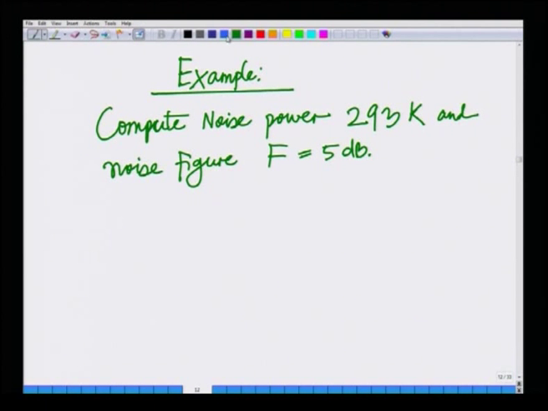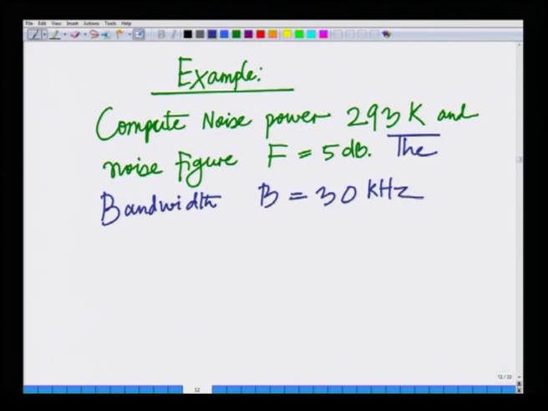Also the bandwidth B is equal to 30 kilohertz. What we are asked to do is compute the total noise power in this system, where the bandwidth is 30 kilohertz, noise figure is 5 dB and the temperature is 293 Kelvin.